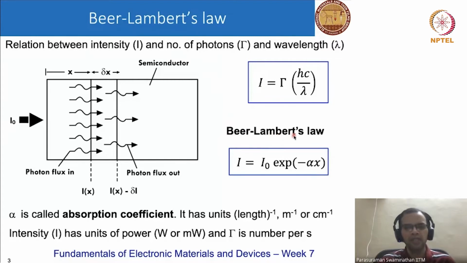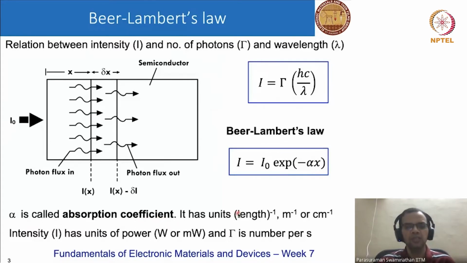Beer-Lambert's law says that if I have a semiconductor of width x and I naught is the intensity of light that is incident on the semiconductor, I, which is the intensity that comes out, is equal to I naught exponential minus alpha x, where alpha is called the absorption coefficient.